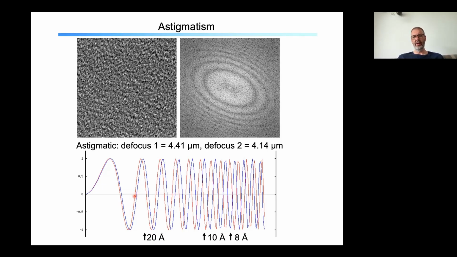So you don't see this at low spatial frequencies, but particularly if you're trying to get to high resolution, this is something that you need to be aware of and need to be able to correct for.